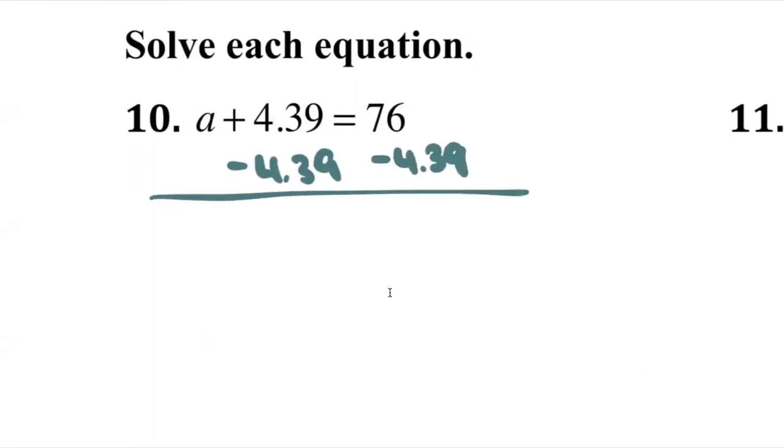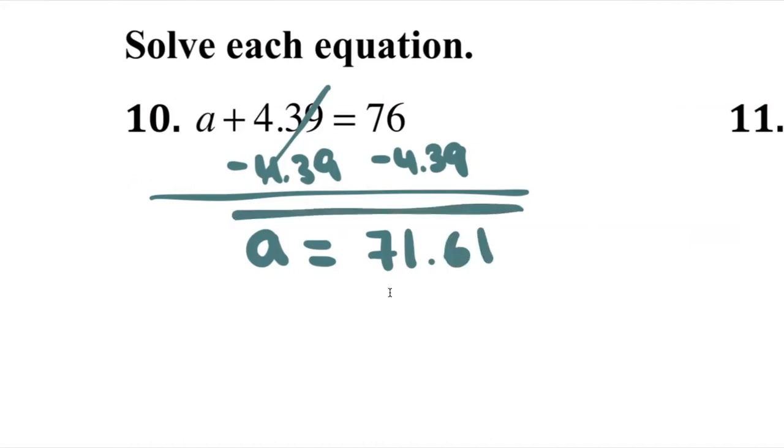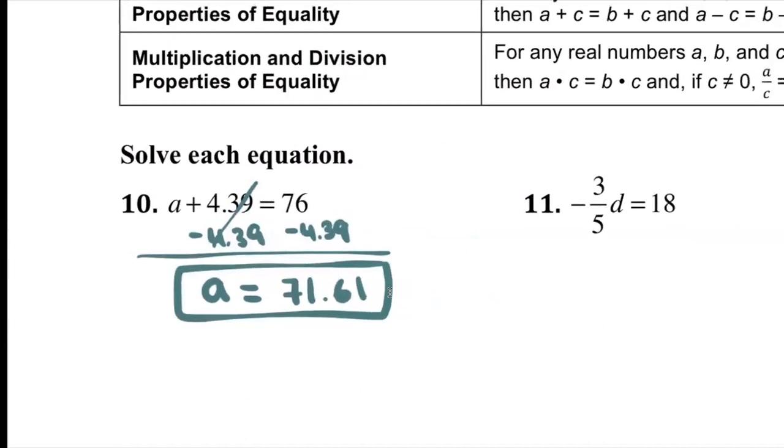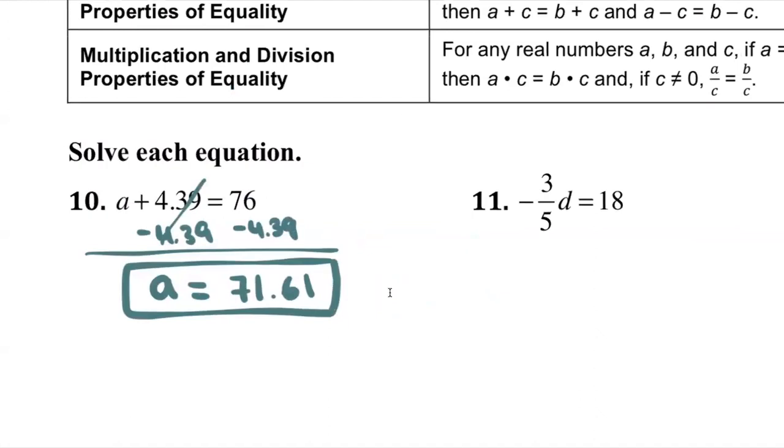And we could subtract it on both sides of that equal sign, leaving just A is equal to 71.61. So that's using my subtraction property of equality, subtracting the same number on both sides to solve for A.